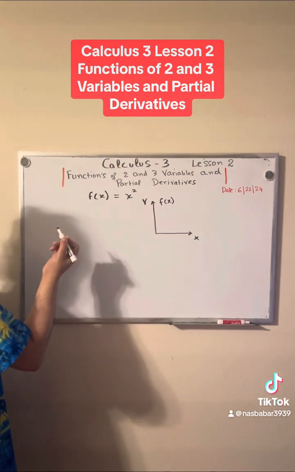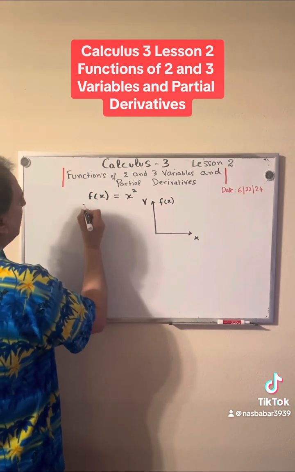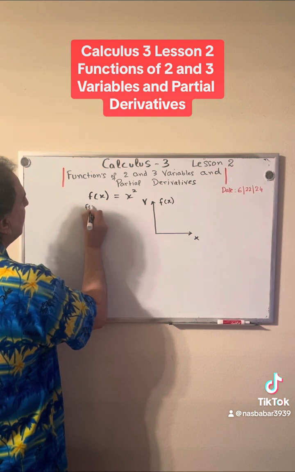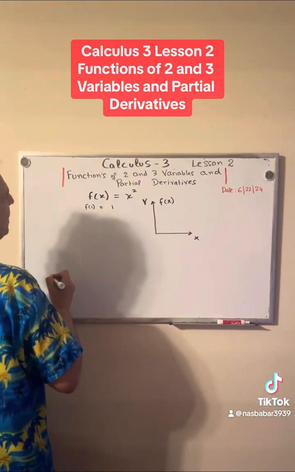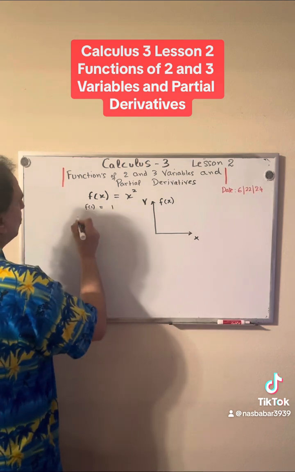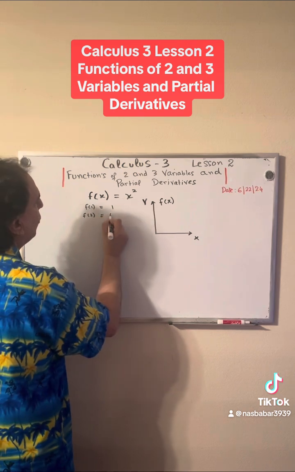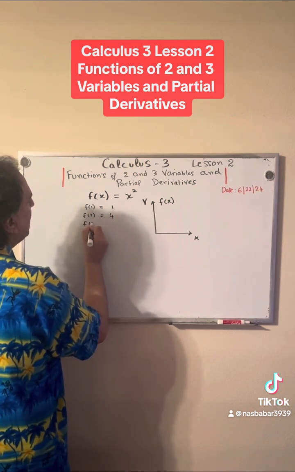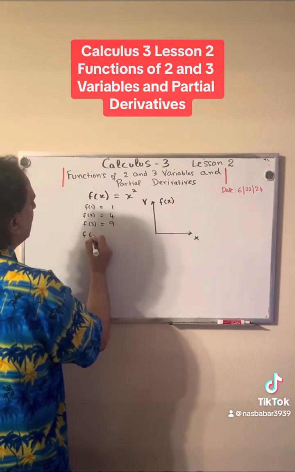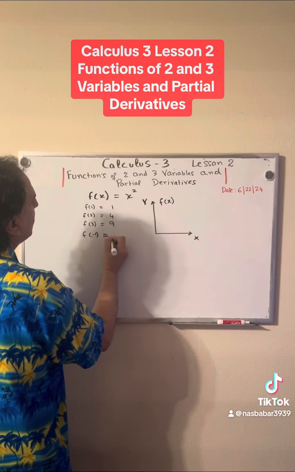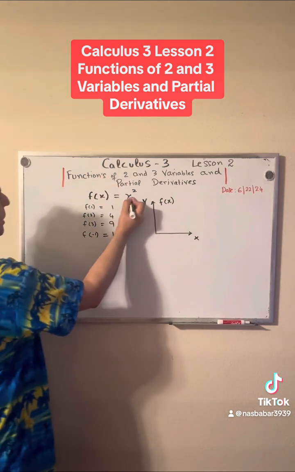If x is equal to 1, the function of 1 is equal to 1. If x is equal to 2, the function of 2 is equal to 2 times 2, 4. Function of 3 is equal to 9. Function of -1 is equal to 1, because -1 squared is also positive.